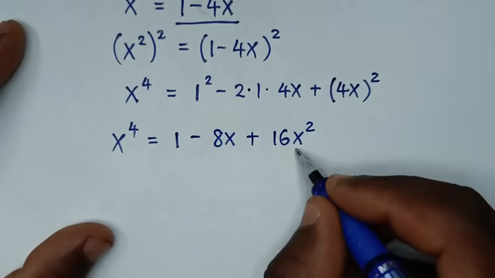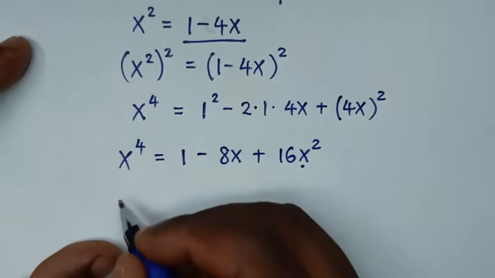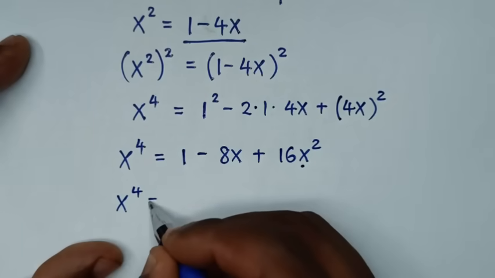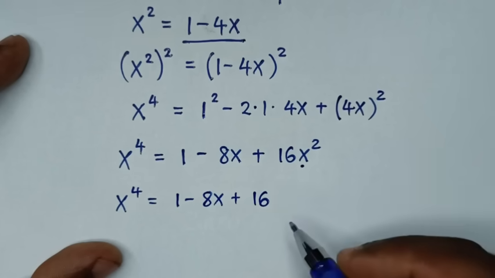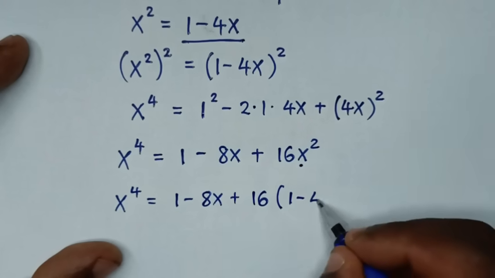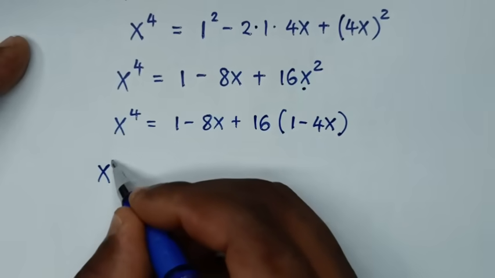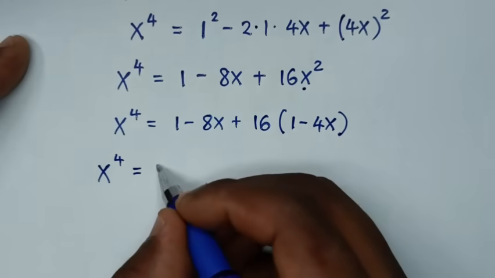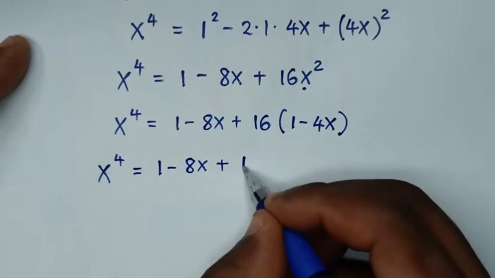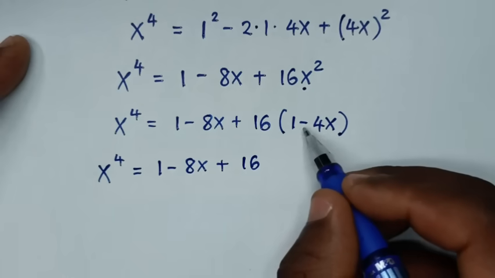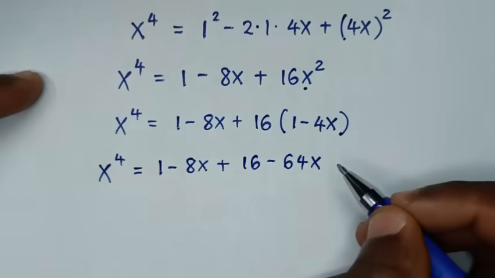Then in the next step, from this x squared here, we substitute x squared, which is 1 minus 4x. So it will be x to the power of 4 is equal to 1 minus 8x plus 16 times x squared, substitute 1 minus 4x, bracket. So it will be x to the power of 4 is equal to 1 minus 8x, then plus 16 times 1 is 16. 16 times minus 4x is minus 64x.